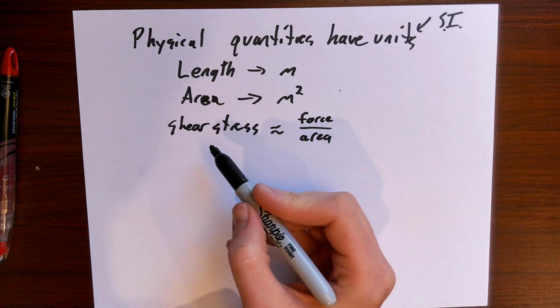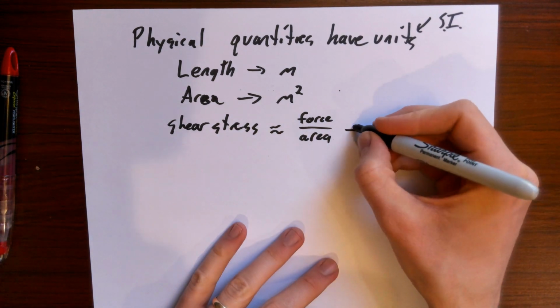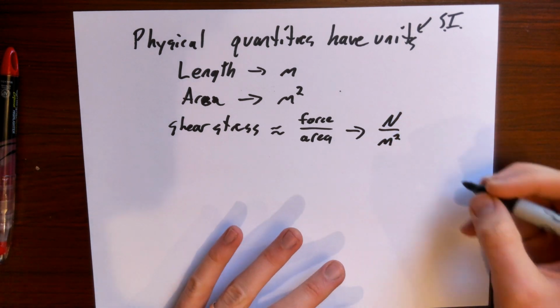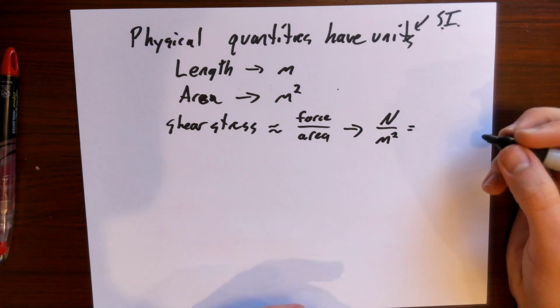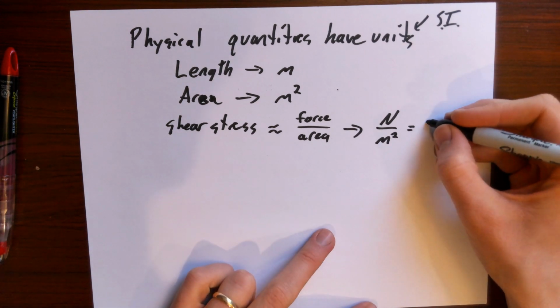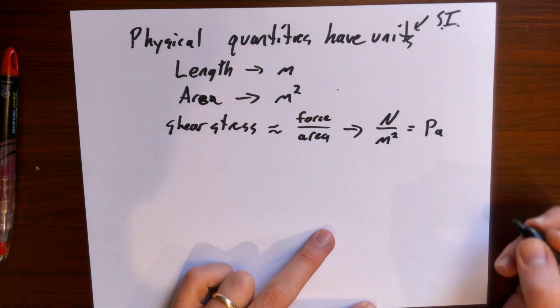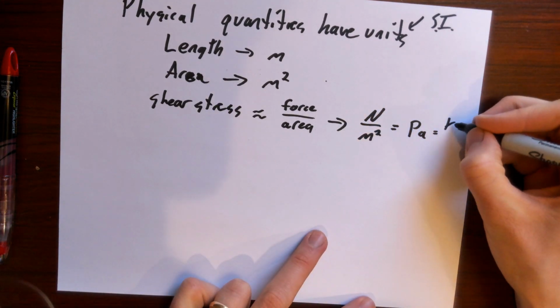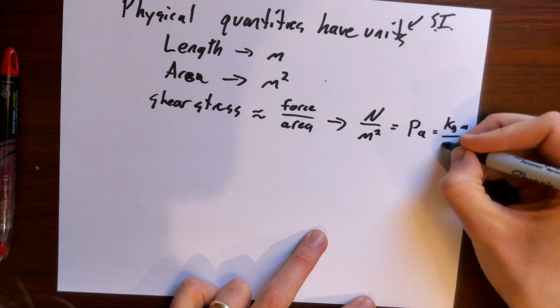So if I think about SI units, it might be newtons per meter squared, which is given a special name, a Pascal. But you could also work out a Newton as a kilogram meter per second squared.